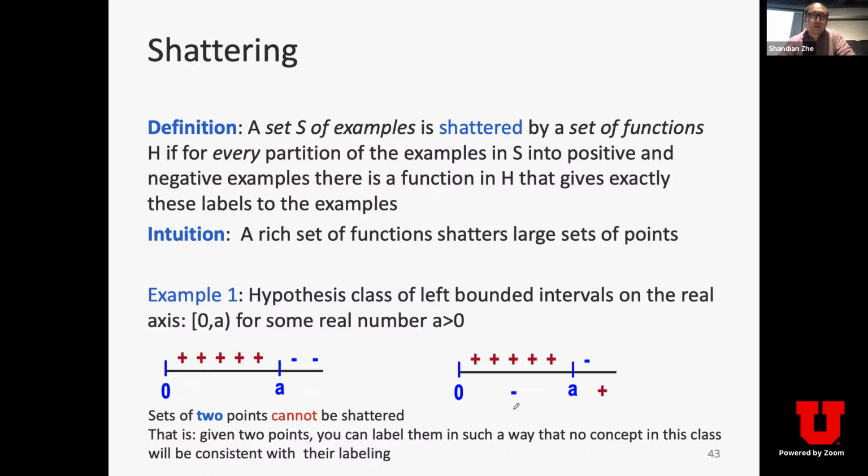So here is one possible labeling. This is the position of the 2 points. I assign a negative label to the left point and a positive label to the right point.